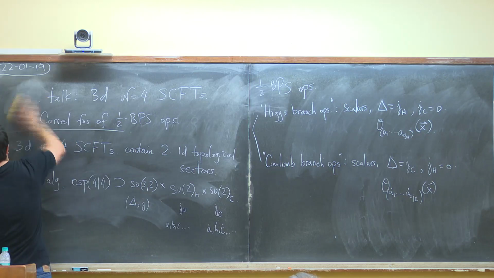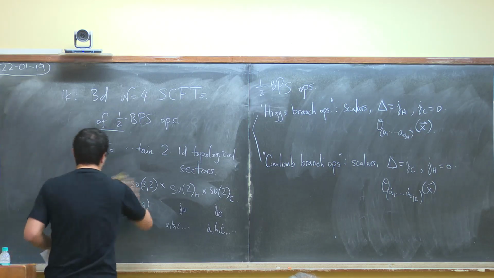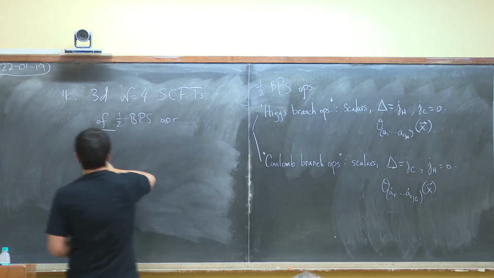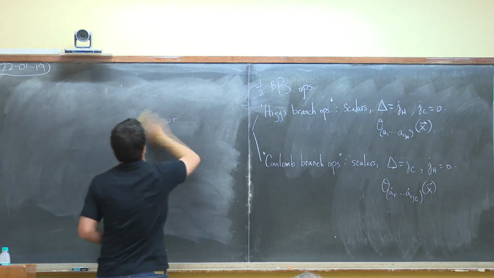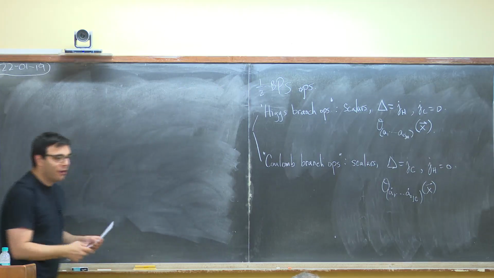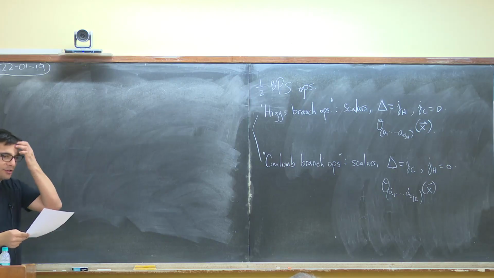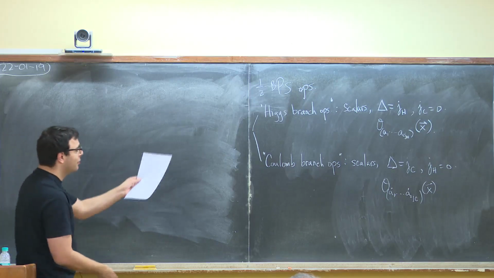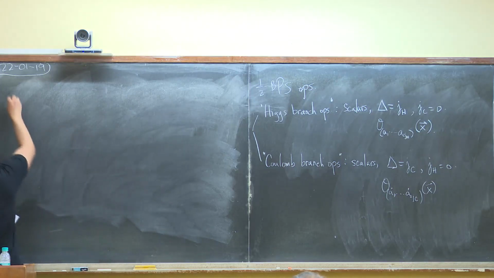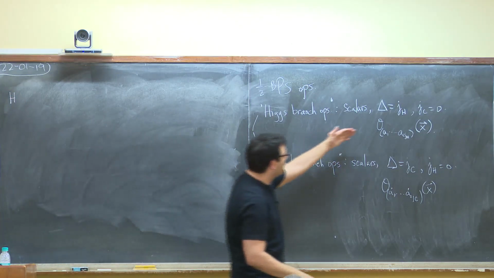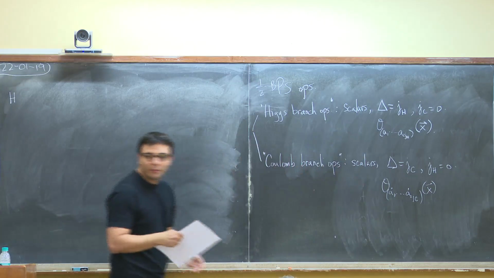OK, maybe I can erase this. So these are 3-dimensional operators. I promised that there would be operators that we can put in 1 dimension, such that the correlation functions are topological. So I'll construct them from these ones. So there are 2 topological sectors, one constructed from these operators and one constructed from those operators.